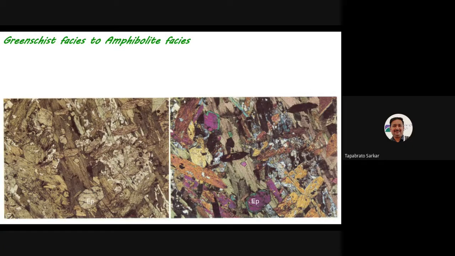And we will see in the next picture how it looks in the pure amphibolite facies. So this is the transition. This is how the rock looks when there is a transition from the greenschist to the amphibolite facies condition.